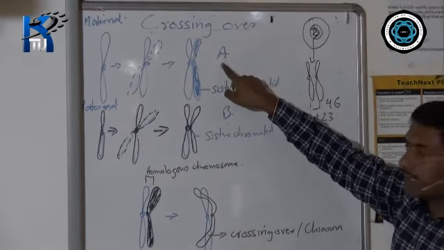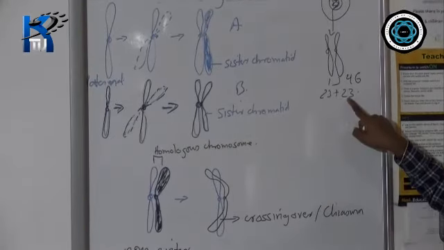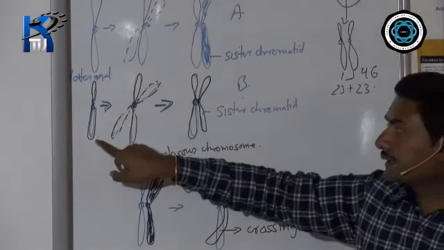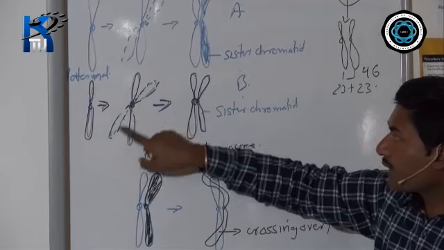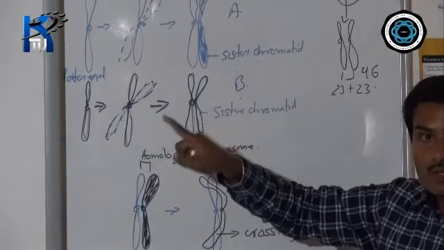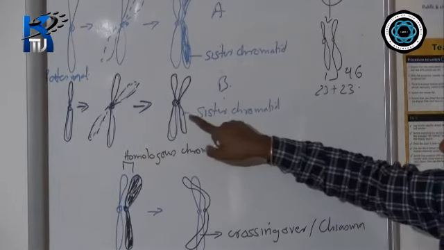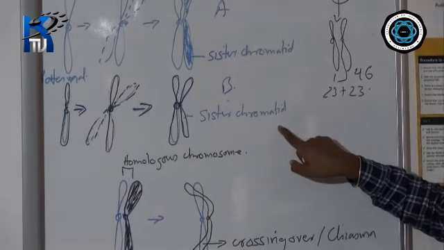Here I have labeled it as A. Now you come to the next part, that means the other part of the chromosome, 23. So this is the paternal part. It will form a replica when it is undergoing mitotic division. During that time, when the replica is formed, you call it a sister chromatid.